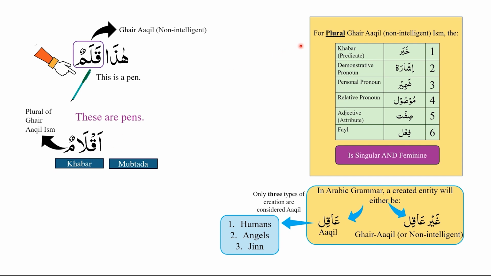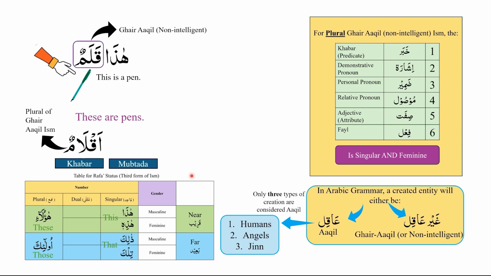Aqlamun is the plural of a ghair aqil or a non-intelligent ism. For the mubtada, which will be an ism ishara, we will refer to our table for asma ishara in the rafa status. Since we need an ism ishara or a demonstrative pronoun here, we will refer to our rule table, and here we see that for the plural of a ghair aqil or non-intelligent ism, the demonstrative pronoun or ism ishara will be singular and feminine.